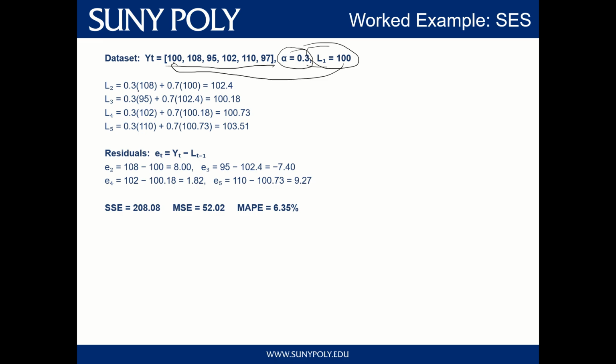Okay, so then you start applying the level equation. So for L2, the second period, the level, which is the constant component of the time series, is just the alpha value, 0.3, times the yt, the observed value, right? Plus 1 minus alpha, the 0.7, times yt minus 1.